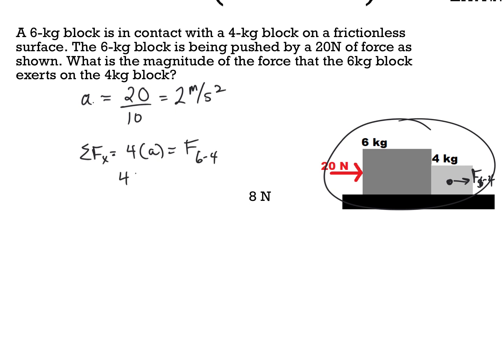So 4 times 2 is equal to 8 newtons of force. Okay, and that is the force of 6 on 4. Hopefully these difficult systems problems look much easier when you look at it system-wide for the acceleration, and then look at the block that has the least number of forces acting on it to find other things.